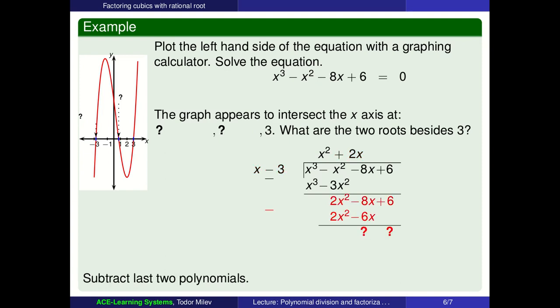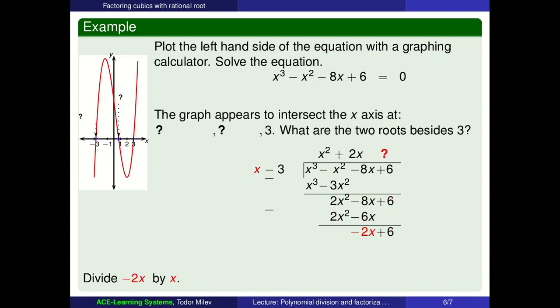Next, subtract 2x squared minus 6x from the intermediate dividend 2x squared minus 8x plus 6 to get negative 8x minus 6x equals negative 2x plus 6. So negative 2x plus 6.